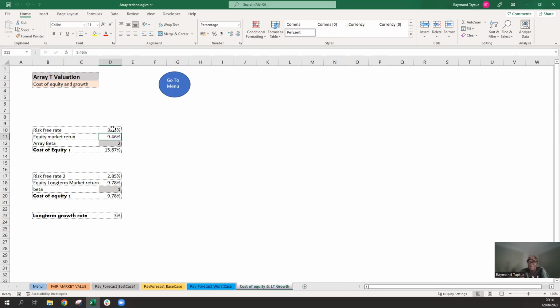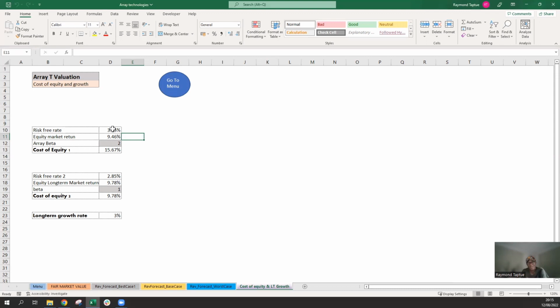Regarding the equity market return, I determined it by evaluating the index within which our technology company sits, the technology index, if you want, which is the NASDAQ Composite, and its performance after periods of crisis, such as the one that we are currently living through.